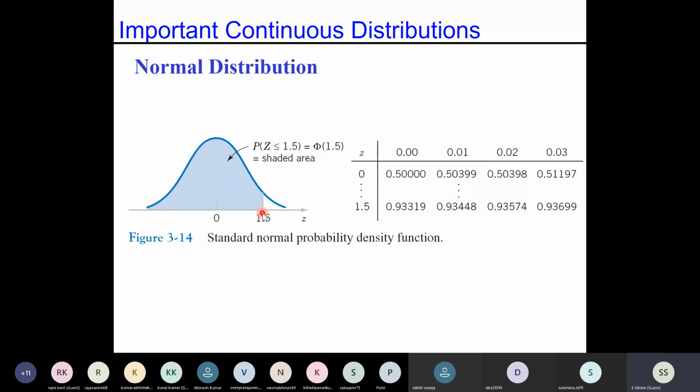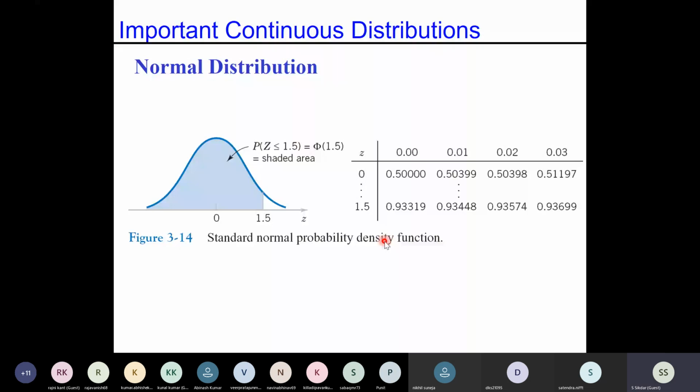Less than or equal to 1.5 means the area under this curve on the left hand side, and because it is 1.5, you just search from here. If it says 1.51, then you go to this side and pinpoint this value. So in your exam or anywhere, if it is asked, accordingly you have to search and find the value like that.